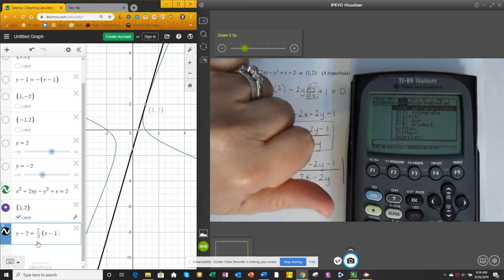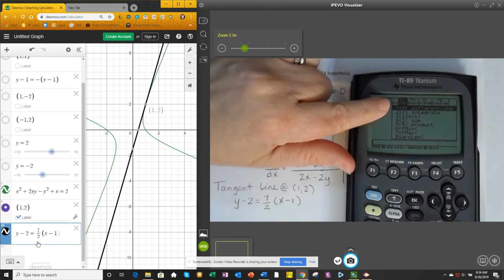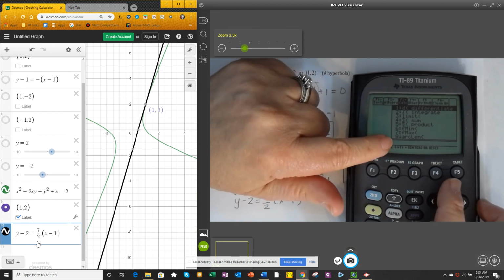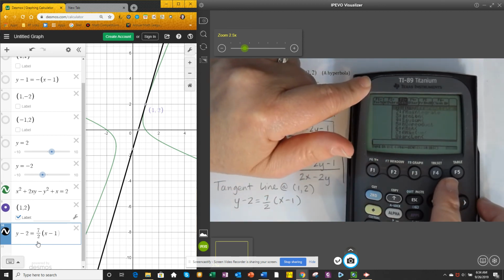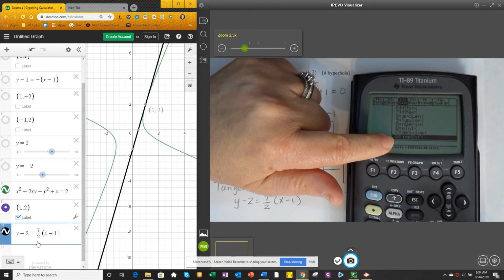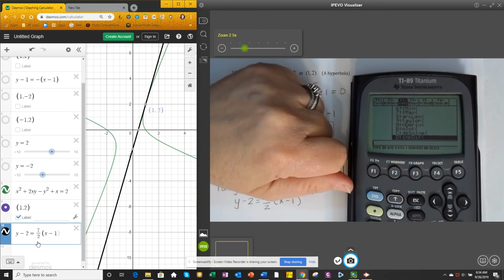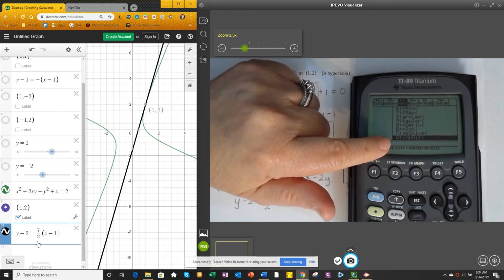When we do implicit differentiation, you can't use this differentiate. You have to use another function. And instead of scrolling down all the way to 9, I'm going to scroll up. And you're going to see something called impdiff, which is the shorthand for implicit differentiation. So our calculator has a function to do implicit differentiation, which is really cool.